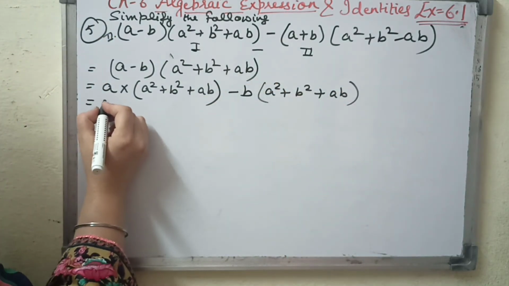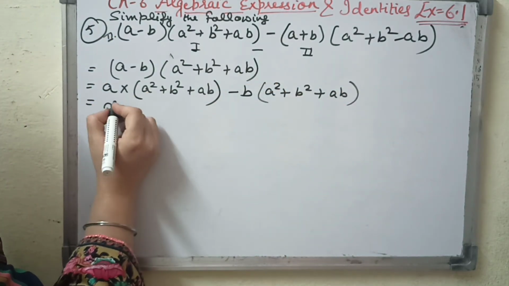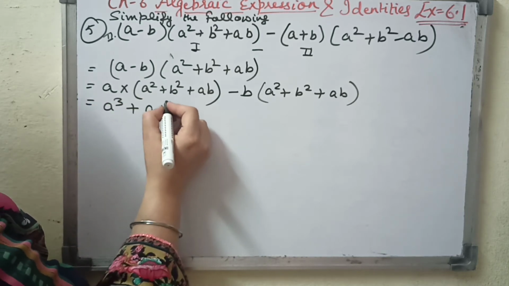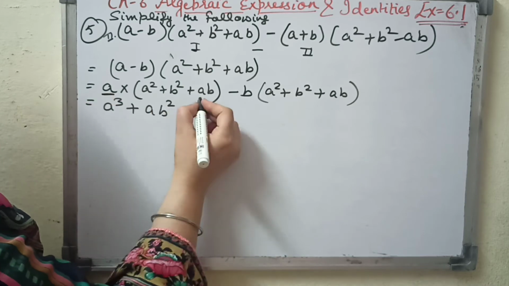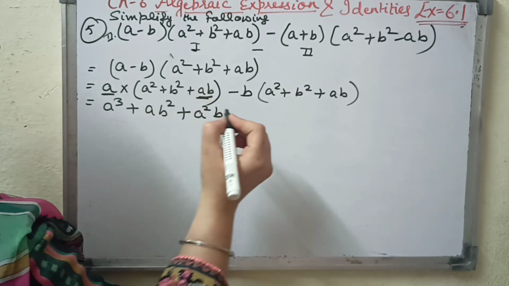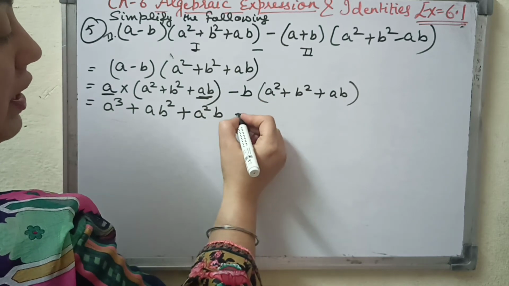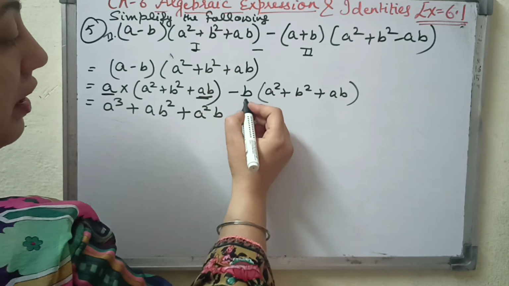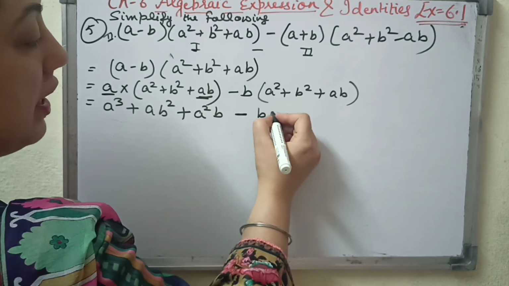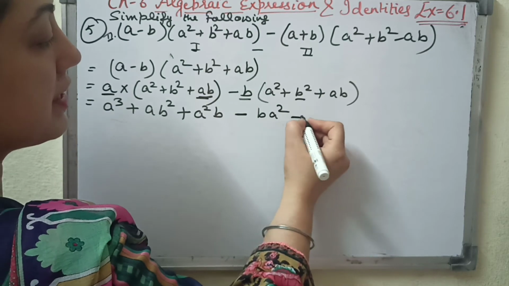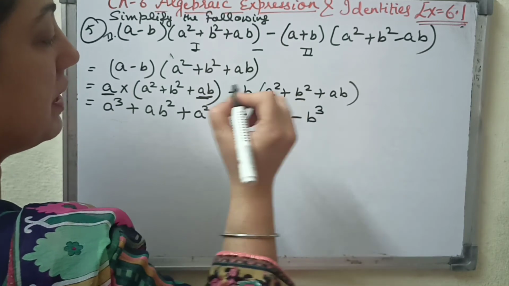Now do the multiplication. A multiplied by a square, it becomes a cube. A multiplied by b square, it is ab square. When a multiplied with ab, it becomes a into a square b. Minus, whenever there is a negative sign, we simply change the sign inside the bracket. Now, minus b a square, minus b when multiplied with b square, minus plus is minus and it becomes minus b cube.